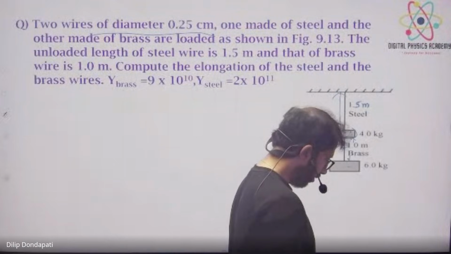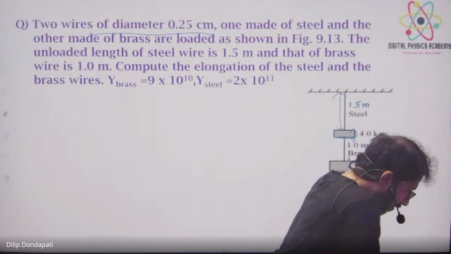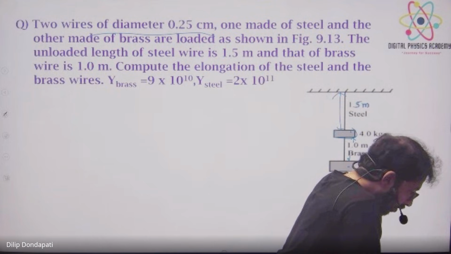Sir, I got the steel as 1.83 into 10 power 18. No. Delta L can be done by FL by AY. A is pi r square. Y1, F1 is 100, right? Into L1. L1 is 1.5.